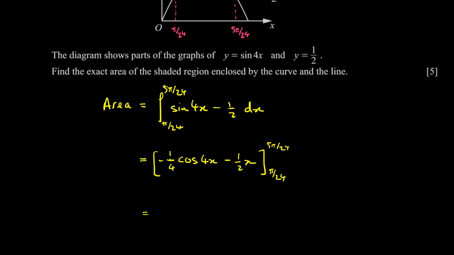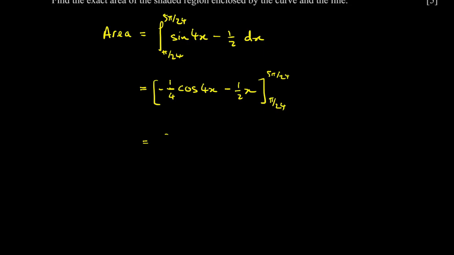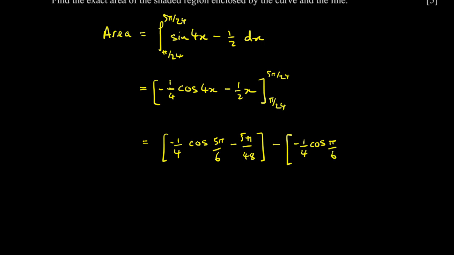So if we did that, we would get here negative a quarter cos of 5 pi upon 6 minus 5 pi upon 48. Okay, and then minus, if I substitute in the lower boundary, negative a quarter cos pi by 6 minus pi by 48.